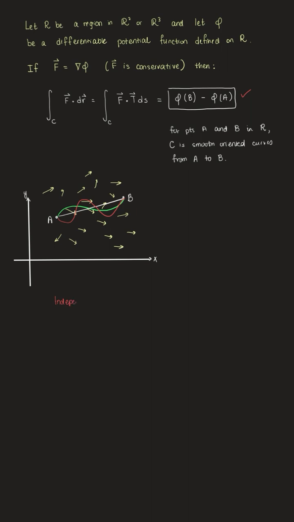Let's think about what this means. So if we have, in fact, this special kind of vector field, so F is a conservative vector field, then the value of the line integral of F, which means our circulation integral, depends only on the endpoints of our path.